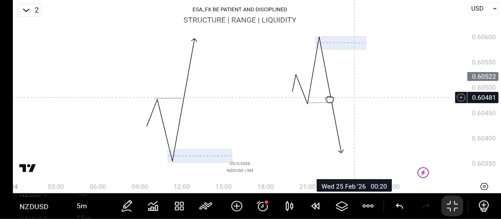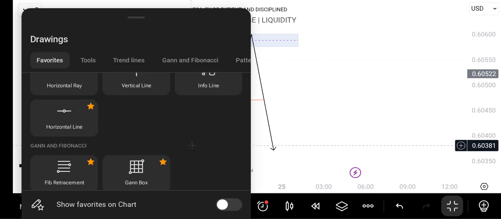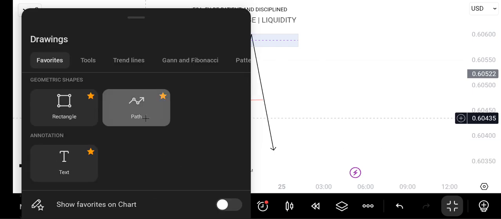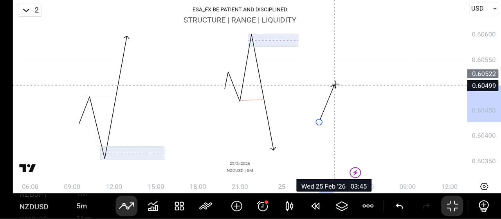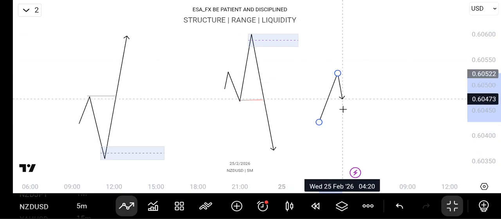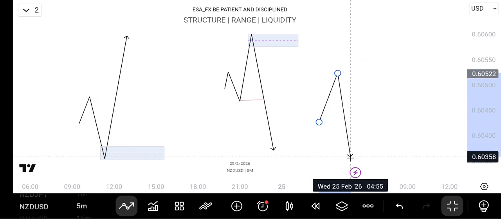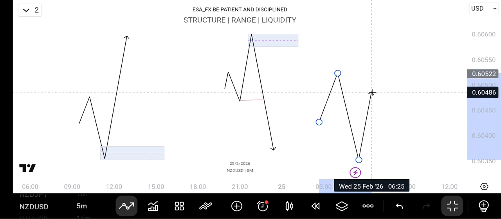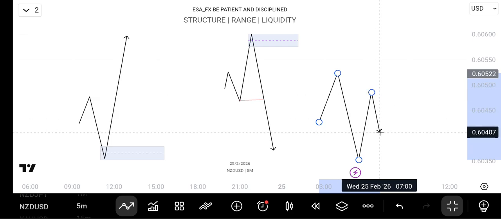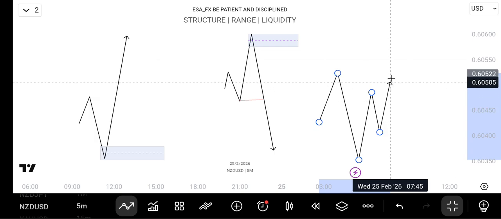So with that, let me draw something like this so you see what I mean. Price moving down and then you see an aggressive move here and price comes down again, moves again, something like this.